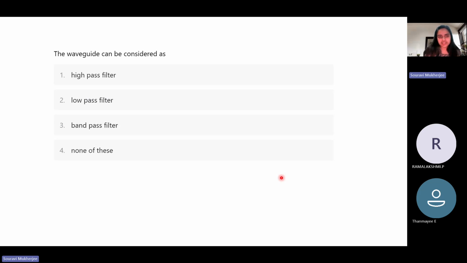Now, this is a very simple and conceptual question. You can also write in the chat box if you want. Maybe you can answer: a waveguide can be considered as... I'm seeing Tanmay writing somehow.